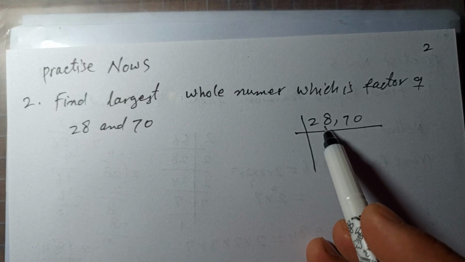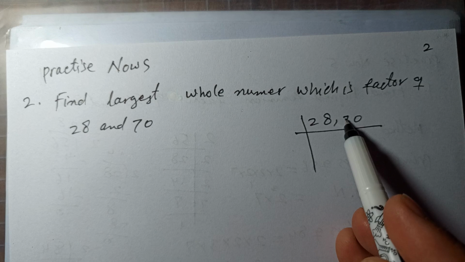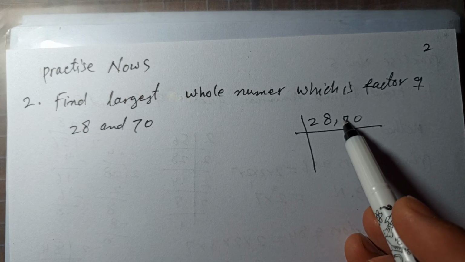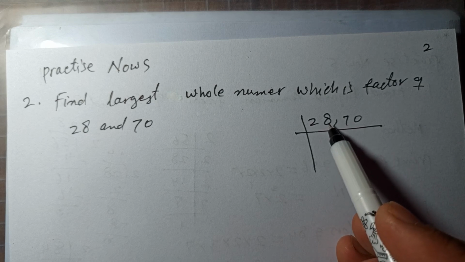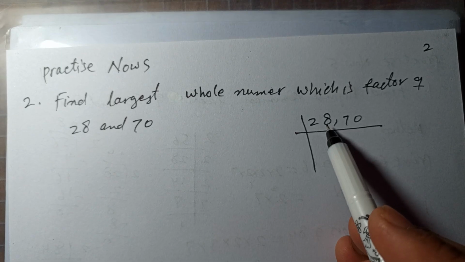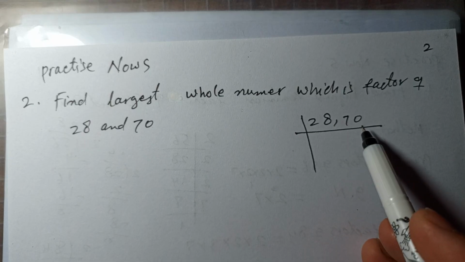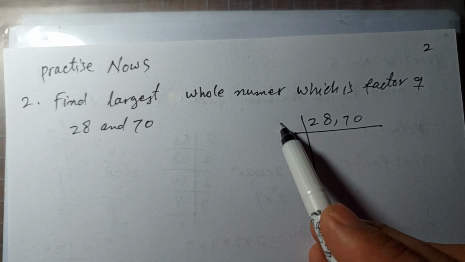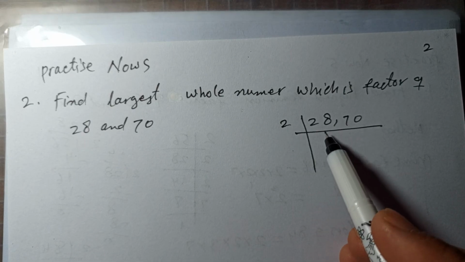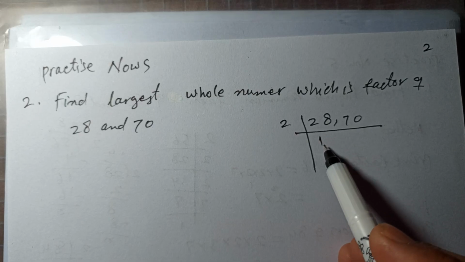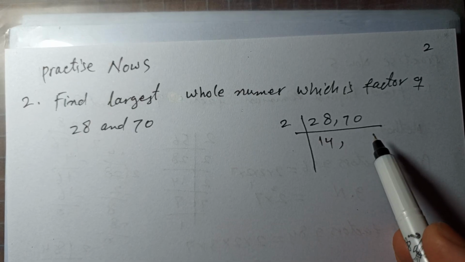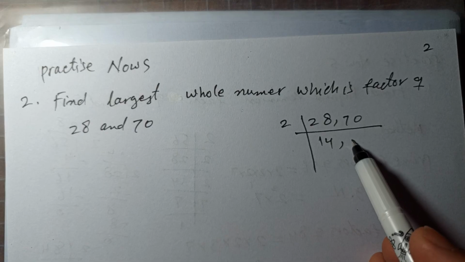You know that 28 can be divided by 2 and 70 can also be divided by 2, because the last digit is even. Here the last digit is 0, here it is even, so you can divide by 2. When 28 is divided by 2, you will get 14, and when 70 is divided by 2, you will get 35.